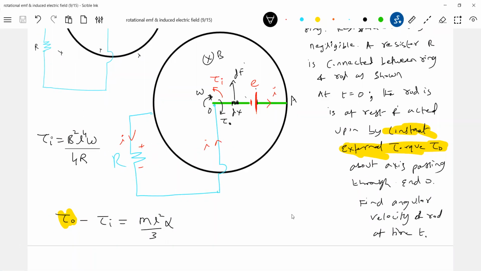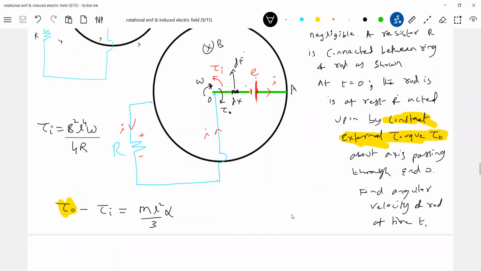I'll start with this diagram now. So tau minus B square L to power of 4 omega by 4R should be equal to the moment of inertia times d omega by dt. Again, the same old fashioned motional EMF method we did, a similar method. Omega will increase exponentially with time.